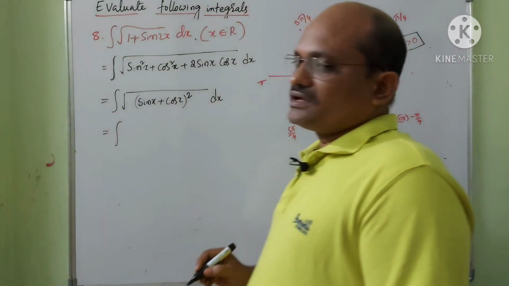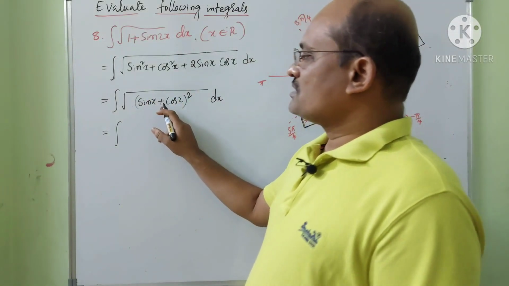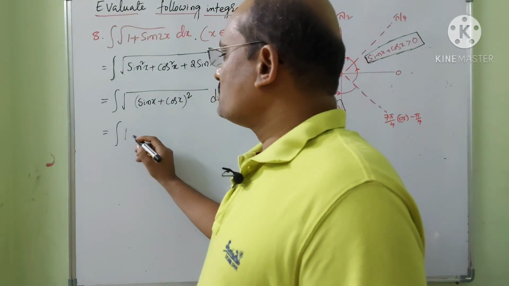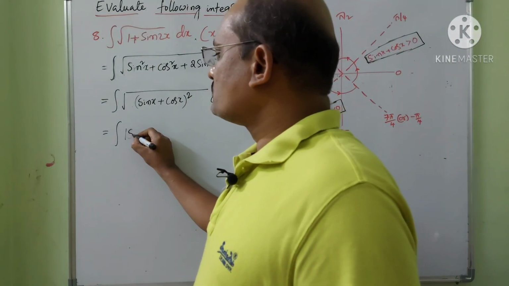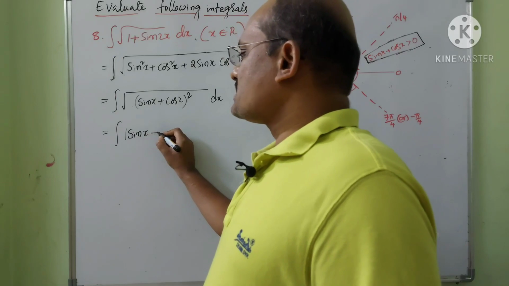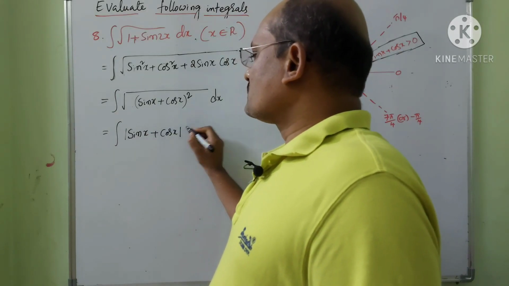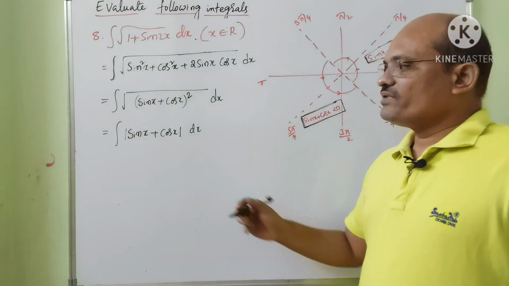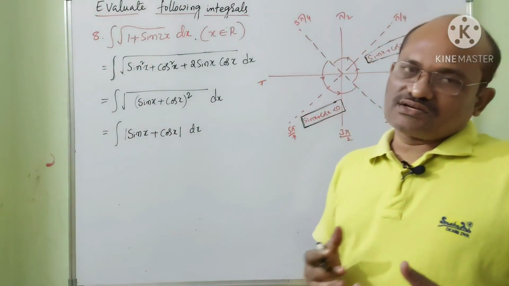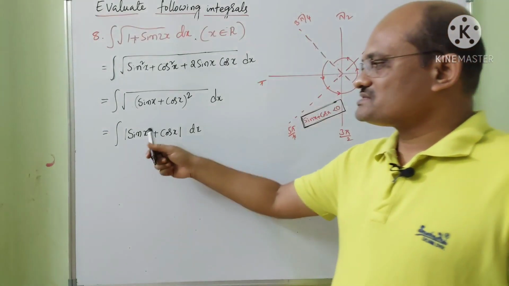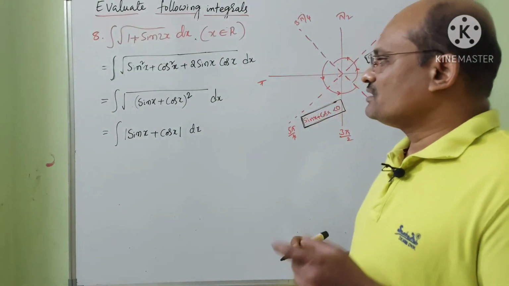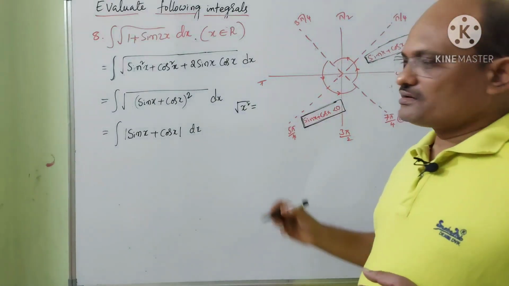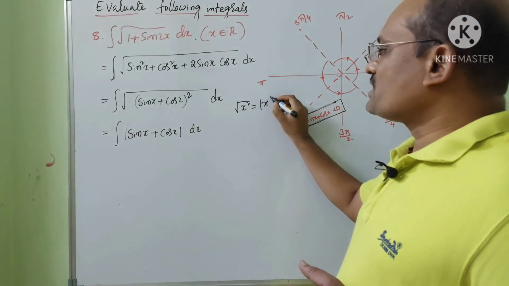I told you earlier, root of sin x plus cos x whole square becomes modulus of sin x plus cos x dx. Here we have to see where the sin x plus cos x is positive, where it is negative, because modulus is there. Remember that root of x square is not x, it is mod x.